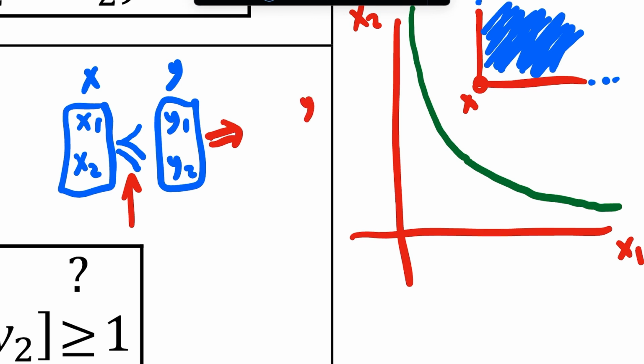That means y1 greater than or equal to x1, y2 greater than or equal to x2, right? So this is defined in another context, or this is not like, for example, the matrix positive definiteness type of operator.